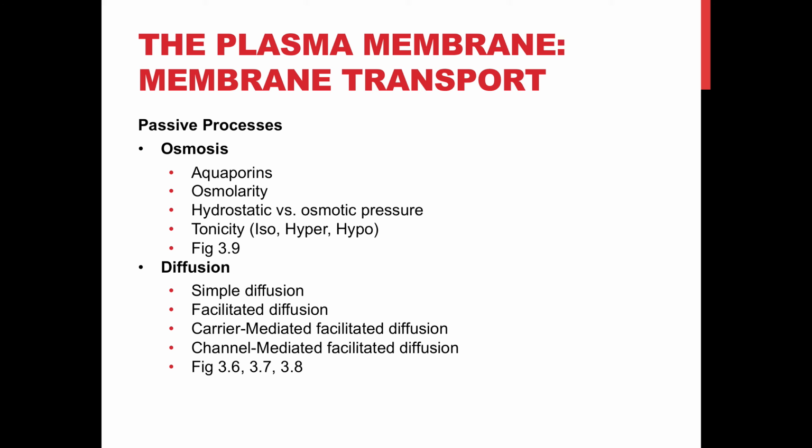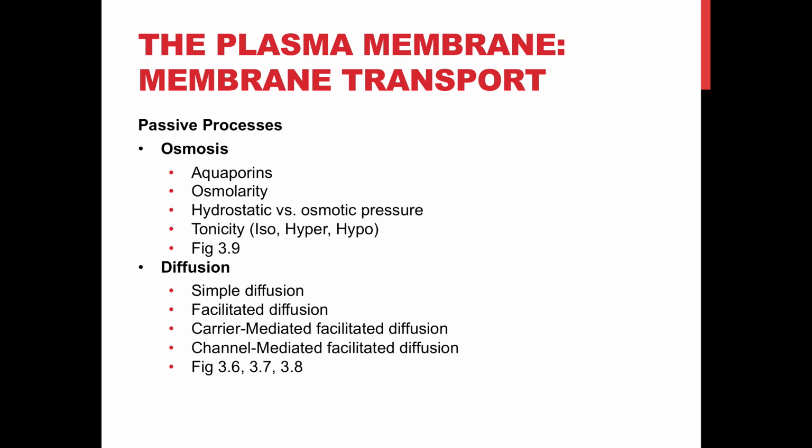So if you have an area where there's a lot of dissolved minerals, solute, say for instance in a cell, and those can't get out, either because the cell doesn't want them to get out or they can't cross the membrane because they're polar, then water can come into the cell to lower the concentration gradient.